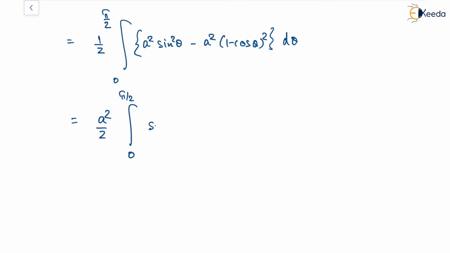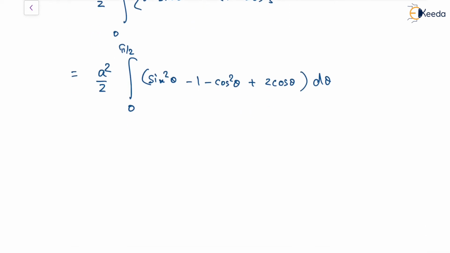Okay, sine square theta as it is. Now 1 minus cos theta whole square with a minus sign will give us minus 1 minus cos square theta plus 2 cos theta. So this is the whole expression in terms of theta which you need to integrate and put the limits.